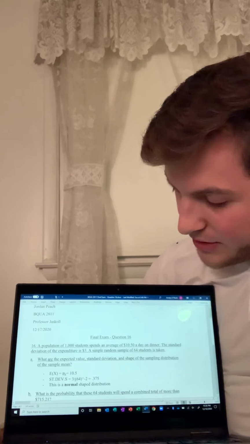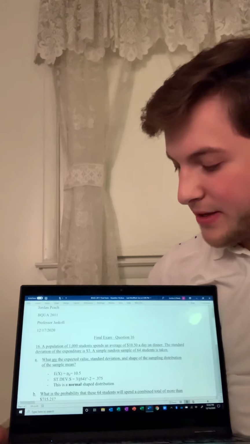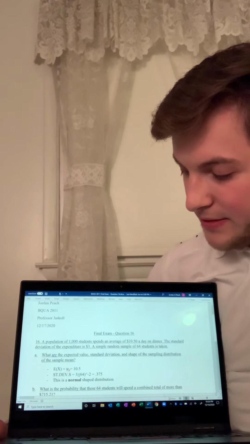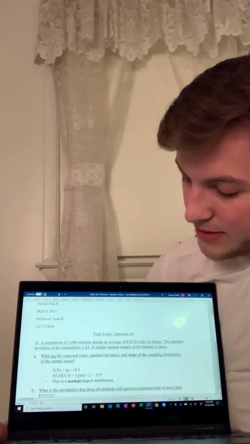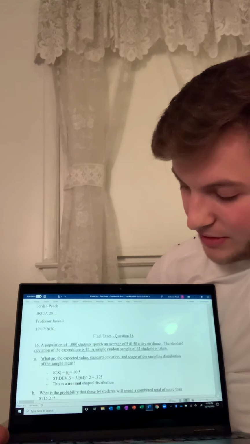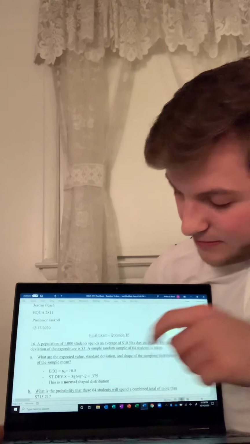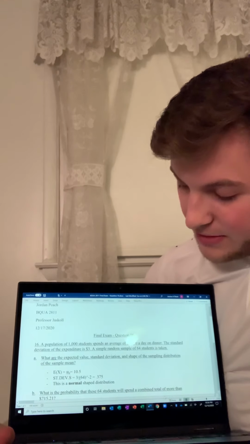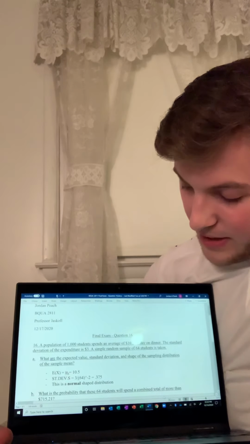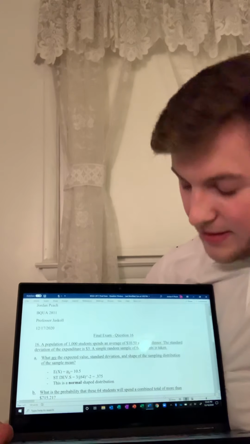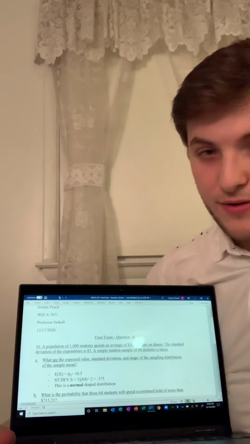So for question A, first I found the expected value of the sample mean, which is 10.5, and then the standard deviation of the sample mean, which is 3, the original standard deviation, divided by the square root of 64.